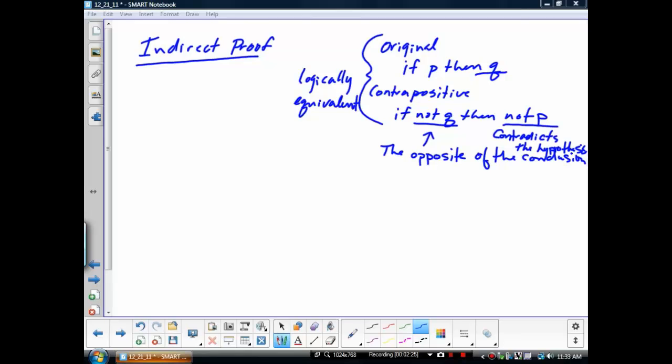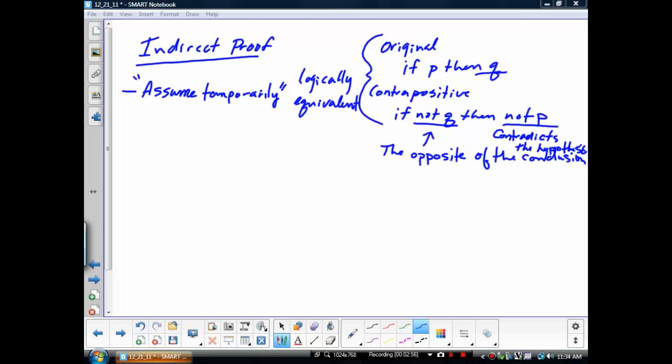Now, in the indirect proof, we start by assume, and we actually use this phraseology, assume temporarily. We use those exact words every single time we do an indirect proof.